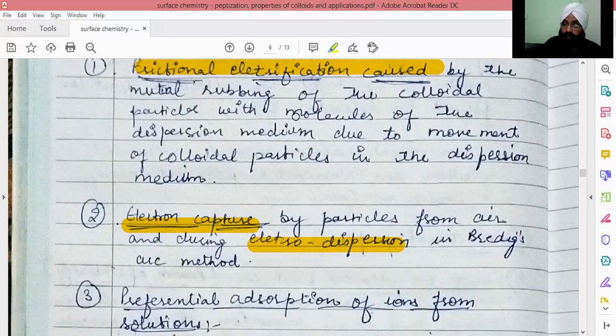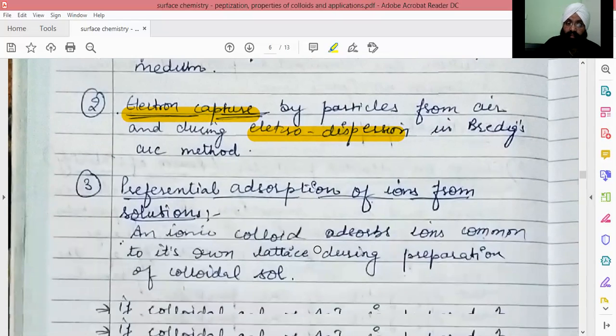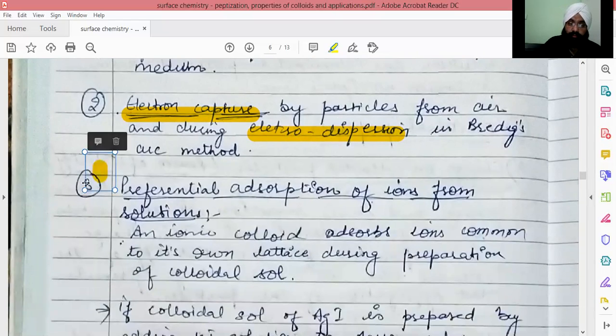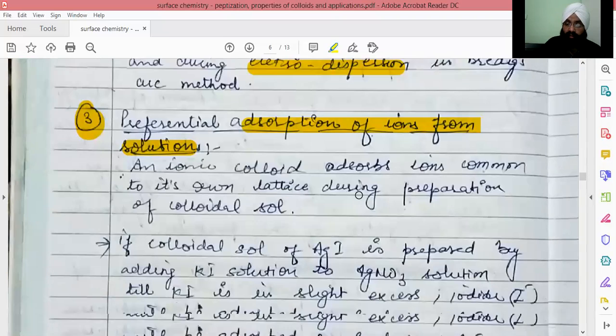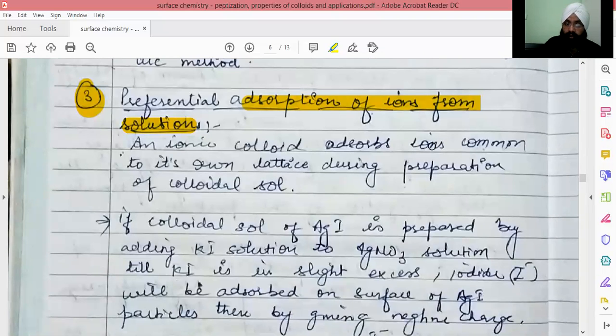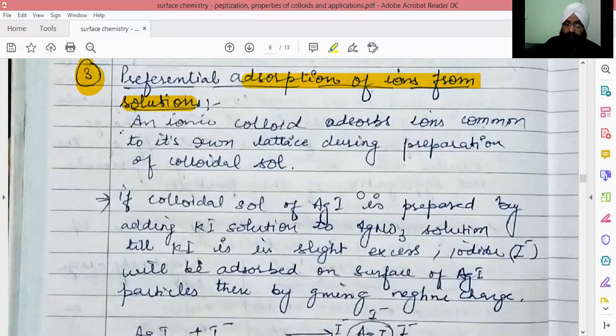So first is the mutual rubbing, and the second is the electron capture from the air. And the third, which is the most important and most acceptable theory, is preferential adsorption of ions from the solution. This is the common ion which is going to be adsorbed on the colloidal particles.